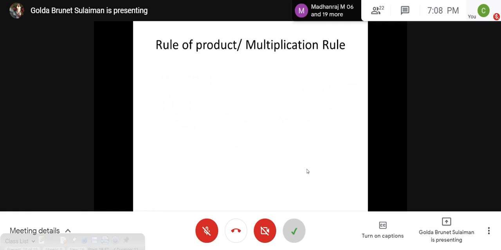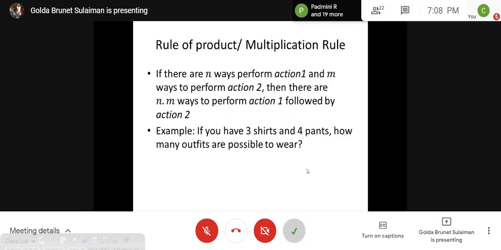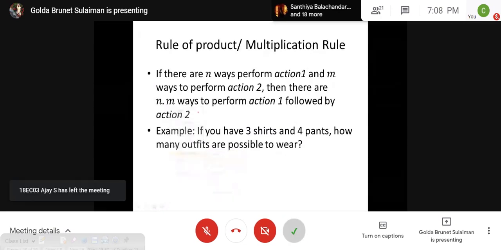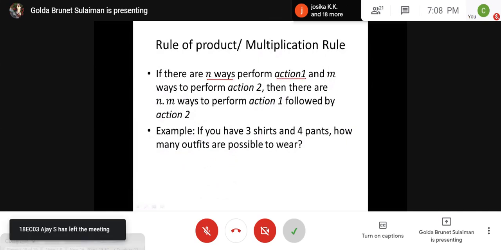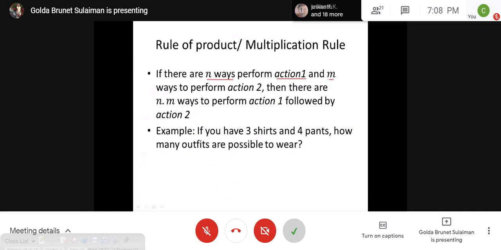The second rule of counting is the rule of product, or the multiplication rule, which says if there are n ways to perform action 1 and m ways to perform action 2, then there are nm ways to perform action 1 followed by action 2.